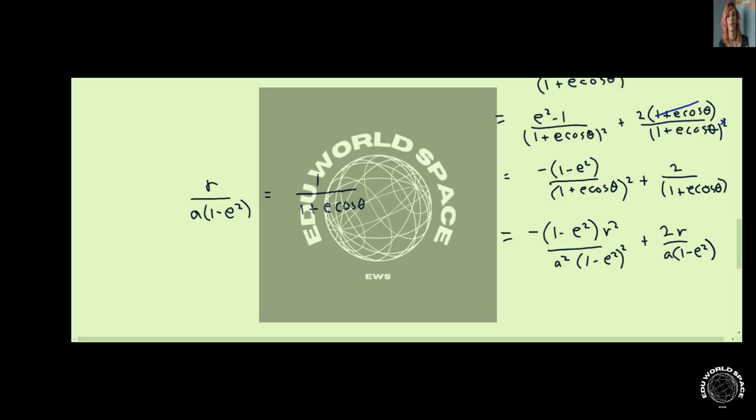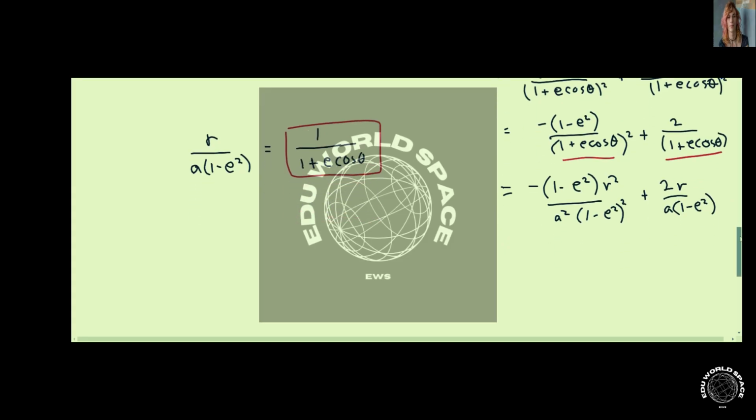So what I'm basically doing is substituting my 1 plus E cosine theta in the denominator with R over A times 1 minus E squared. And yeah, things are starting to look a little bit nicer.